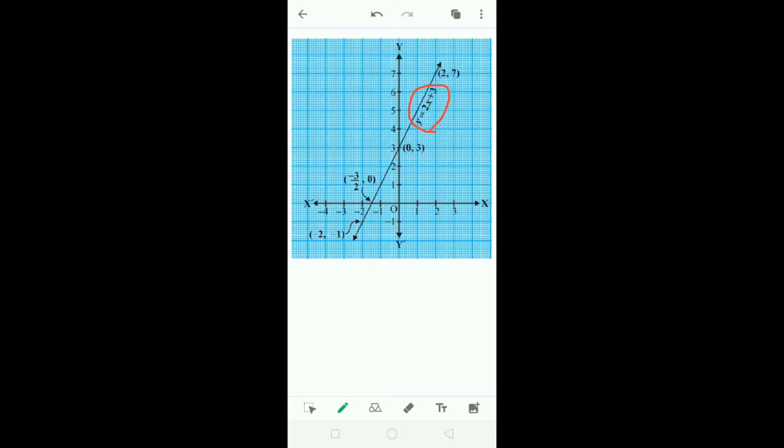This point is minus 3 by 2. So the 0 of the polynomial for this linear equation is minus 3 by 2.